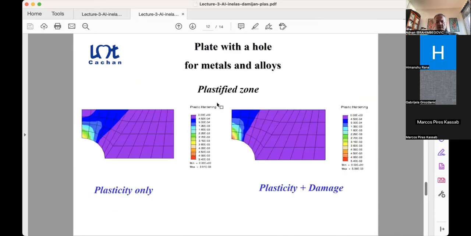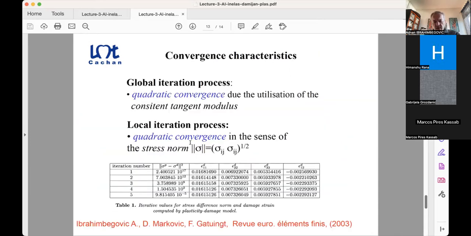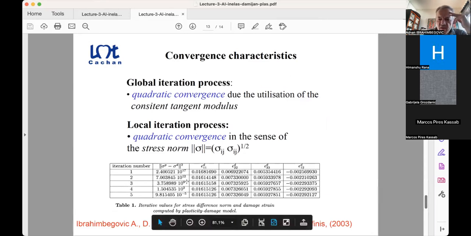So this is a typical result that we obtain in our computation. Initially, you can see the difference between these two stresses could be quite big, of order 10 to the power 17, 12, and so on. But when you go to the correct value of the damage strain, it starts converging quite well. And you can see here that the damage strain is already converged up to 2, 4, 6, 8, 9 decimal points.